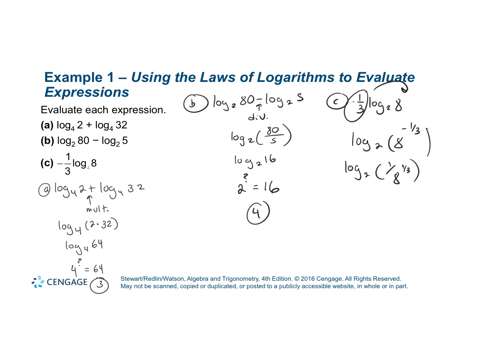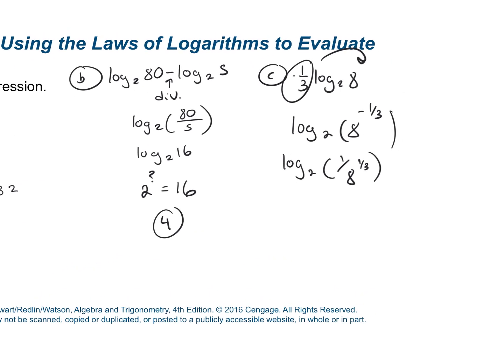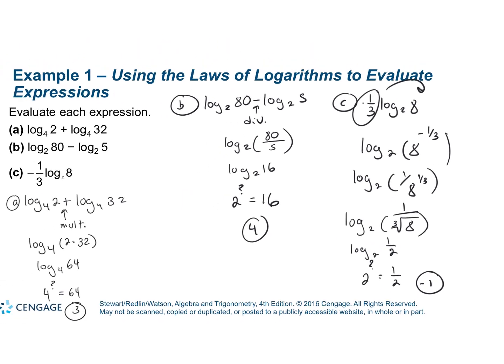Remember, a fraction exponent is just another word for a root. So it's going to be the cube root of 8. That's going to simplify to a half. And then we're left with 2 to the what power equals a half. Now we know it's going to be to the negative 1 because all we have to do is flip the expression.